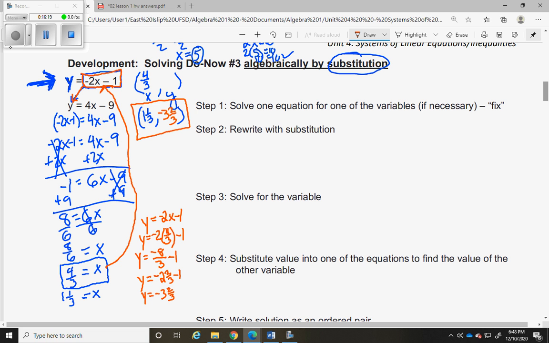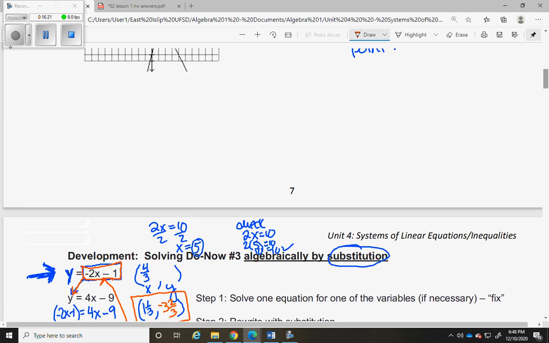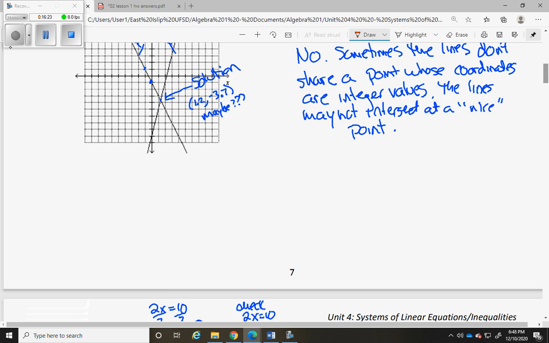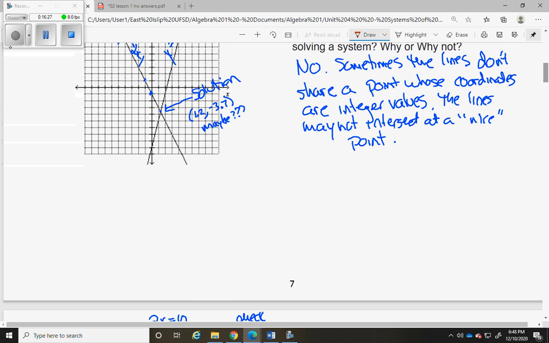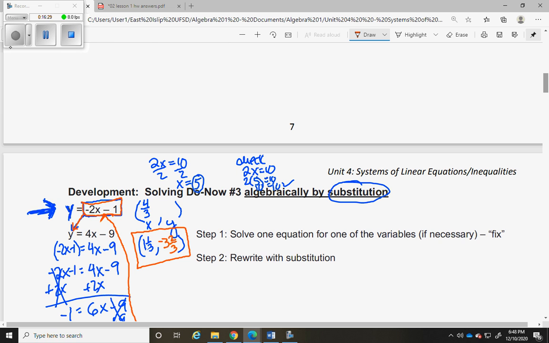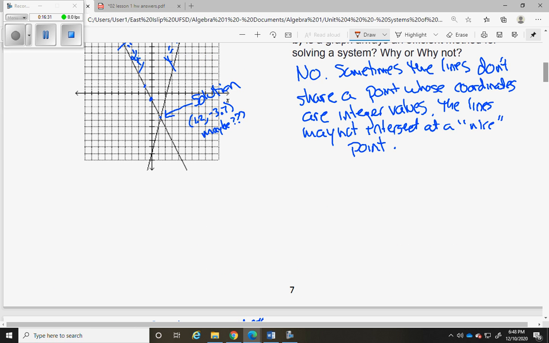Okay, wait a second. What did we guess on our do now? 1.2, -3.7. I said that 1.2 is pretty close to 1 1/3. Remember I said that 1 1/3 is actually 1.3 repeating?